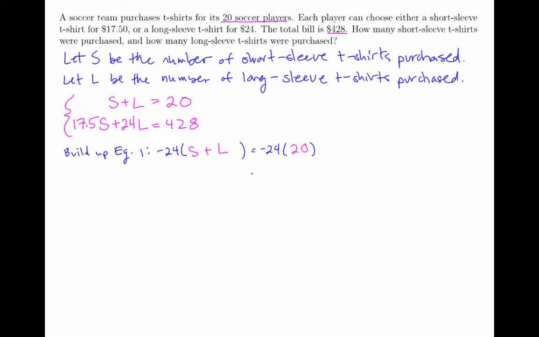When we simplify that equation, the left side will be negative 24s minus 24L, and the right side will be negative 480. At this point, we have that first equation written in a form that we can now add with the second equation in order to have an equation in one variable.